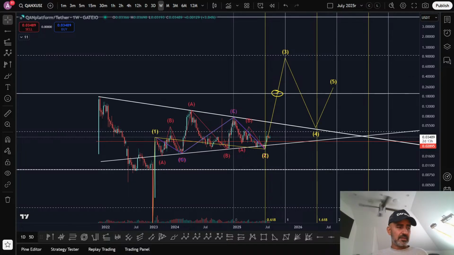And then if it kept on going to my target of 20x, which is 75 cents, I still walk away with a shit ton of gains. Like I still walk away really happy. The money that you walk away with is still life-changing money. Do you know what I mean?